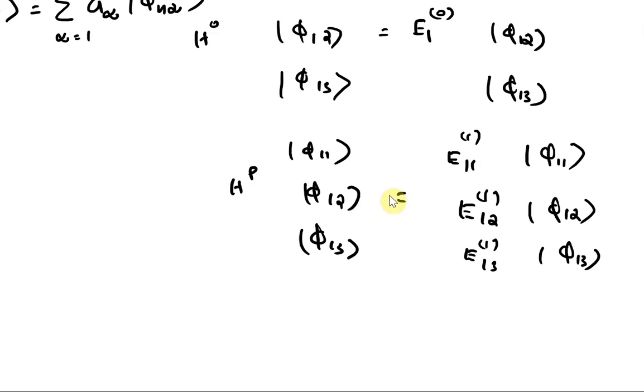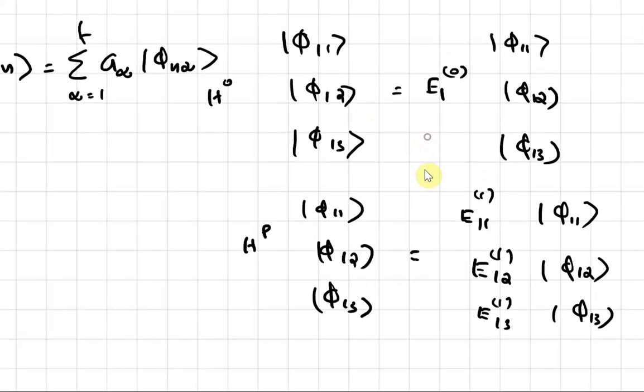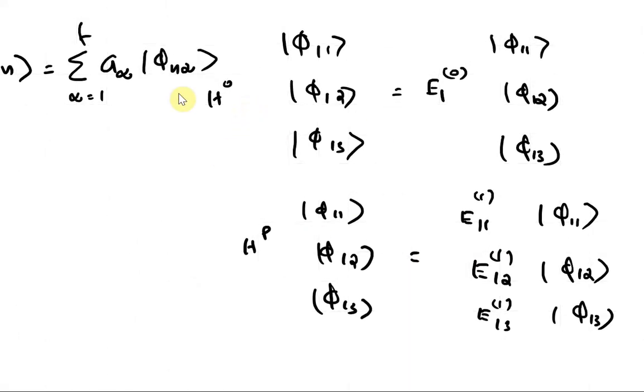What it means is, let me take my unknown problem, the problem that I want to solve. H is nothing but H naught plus HP. It's a combination of these two. If I take that combination H naught plus HP, you can see the first state is En naught, and if you take it associated with the first state, E10 is the unperturbed component, and this component will be added as the first order correction.